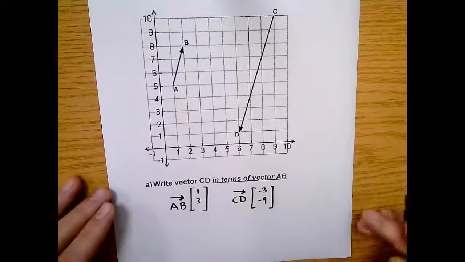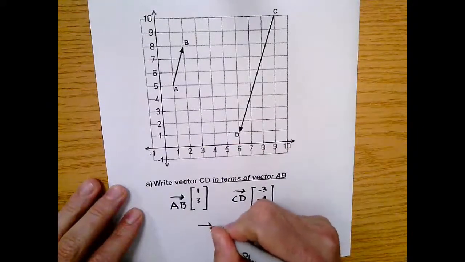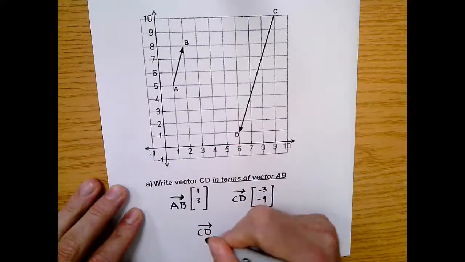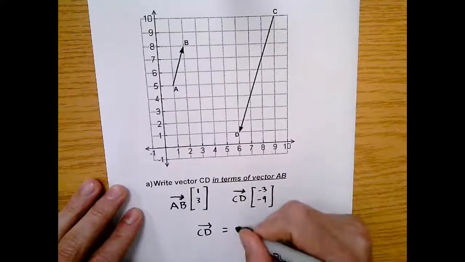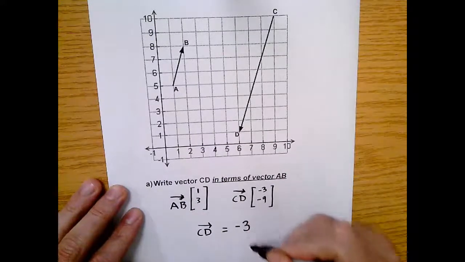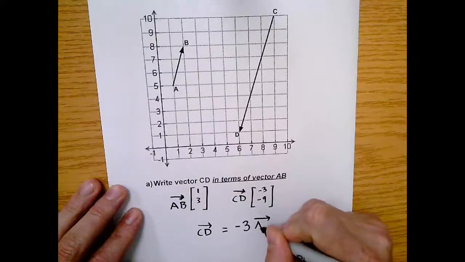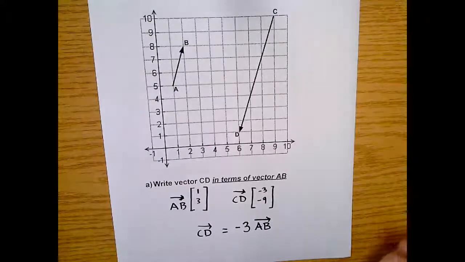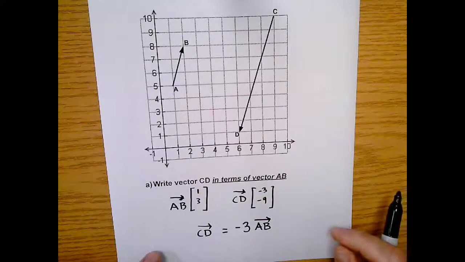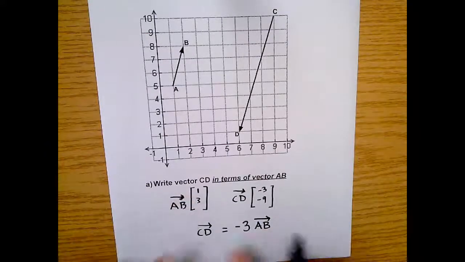So to express this in terms of AB, you would just say vector CD is the same as taking negative 3 and applying it to vector AB. And there you go. That is your answer. And you can kind of imagine if you just substitute in the column form, I can show you right here.